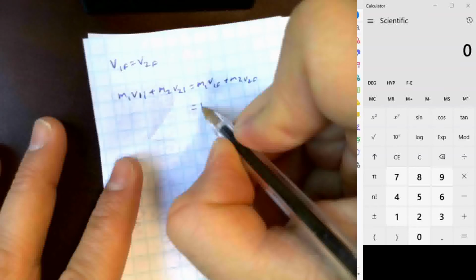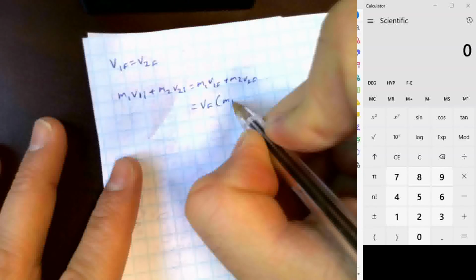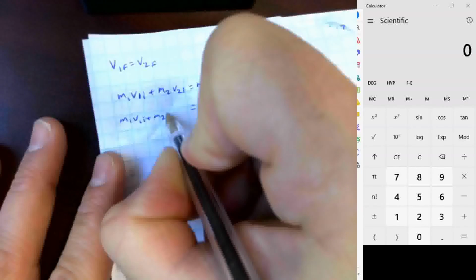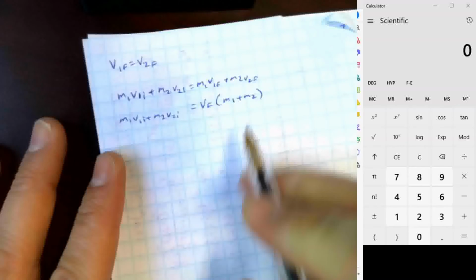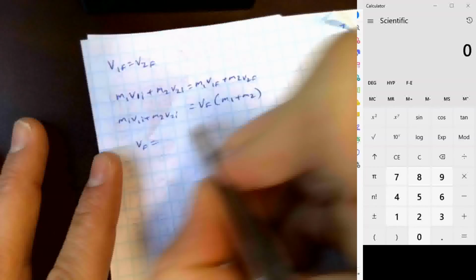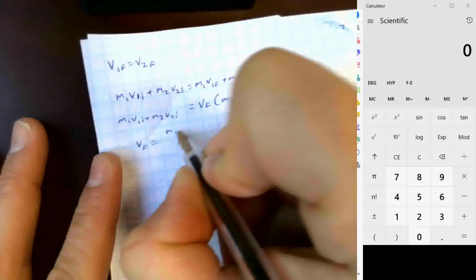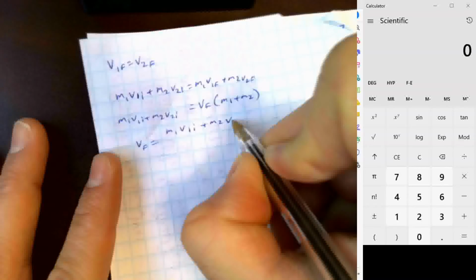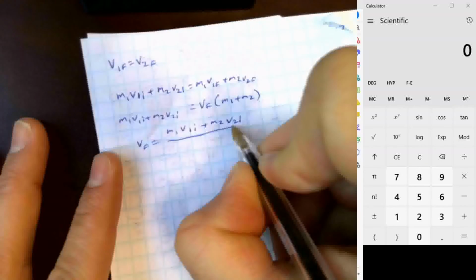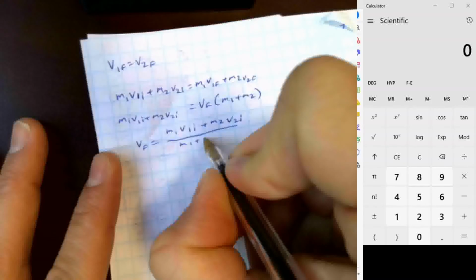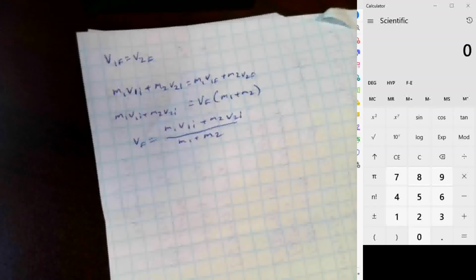So if we factor that out and we just call it VF, what we can end up doing here is solving for what must that final velocity be that's shared by solving this equation here. So M1 V1I plus M2 V2I, that entire thing over the sum of the masses.